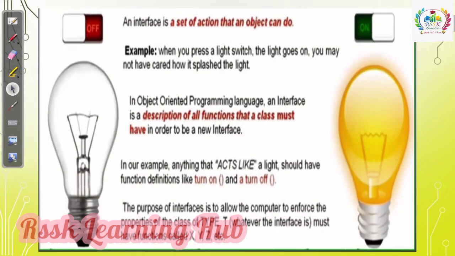Now we will see an example for this. If you switch on the light, what will happen? Everyone has a switchboard in your home, right? If you switch on the light switch, the light is turned on. If you switch off, it is turned off. But internally, what happens, we don't know.